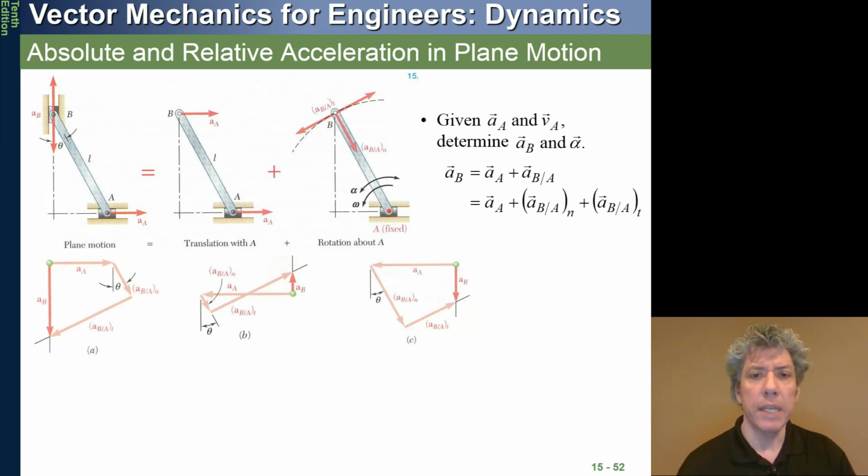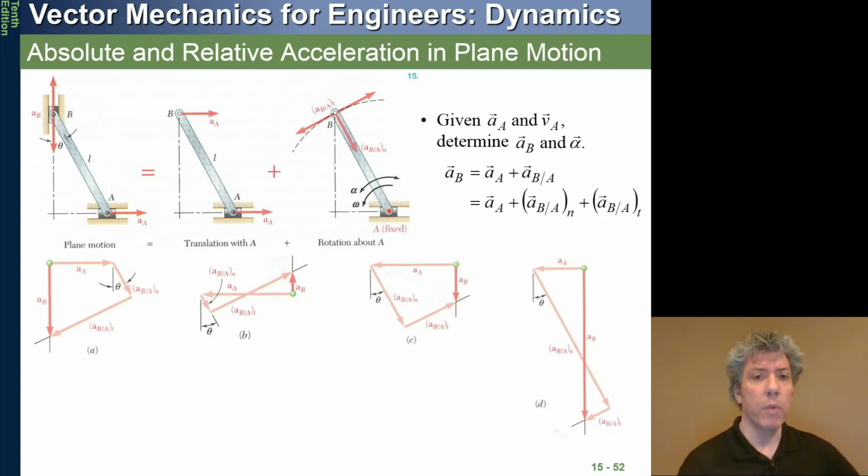And to complete the acceleration polygon, we'll add another vector, the relative tangential acceleration, from the tip of the normal piece back to construct vector A sub B, the acceleration of point B. And you can see that the acceleration of B would end up being downward in this case.